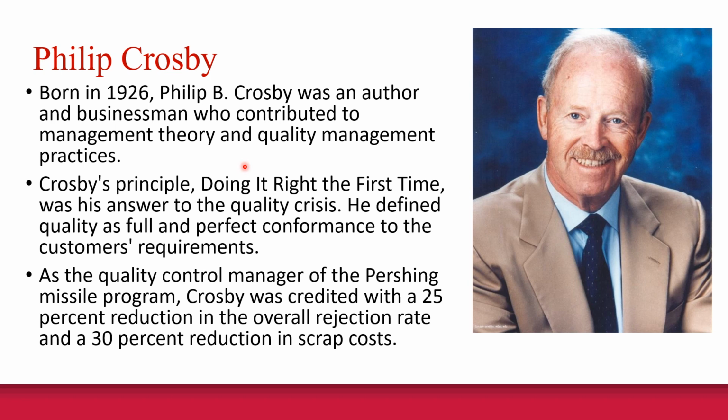He defined quality as full and perfect conformance to the customer's requirements. As a quality control manager of the Pershing Missile Program, Crosby was credited with a 25% reduction in the overall rejection rate and a 30% reduction in scrap cost. So Mr. Crosby was really a key practitioner of the methods of Deming and Juran.